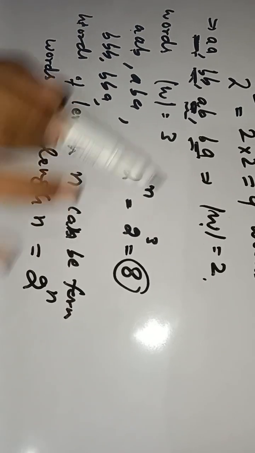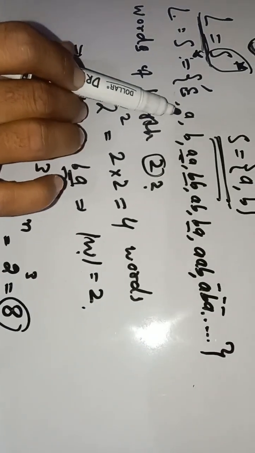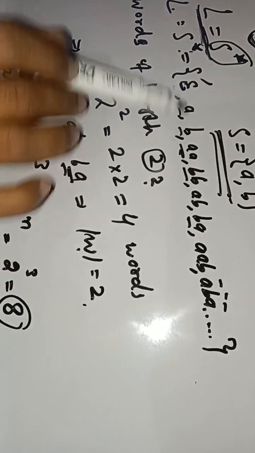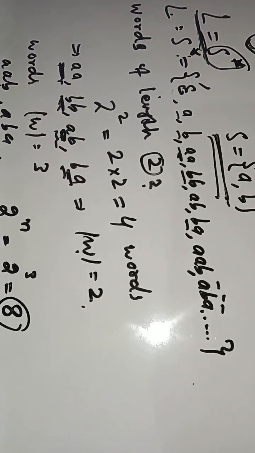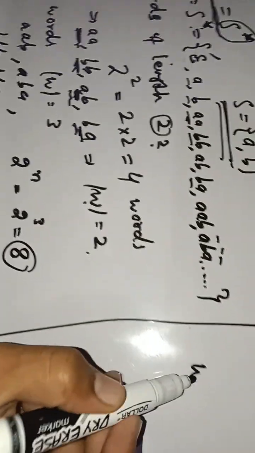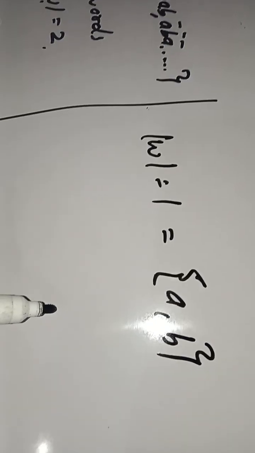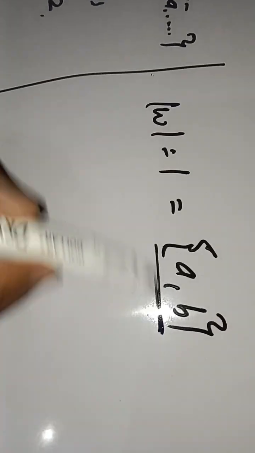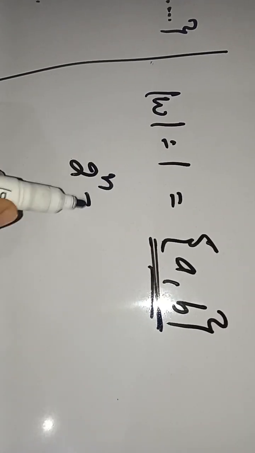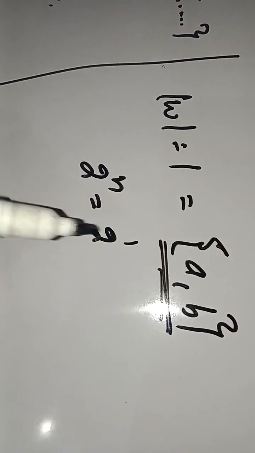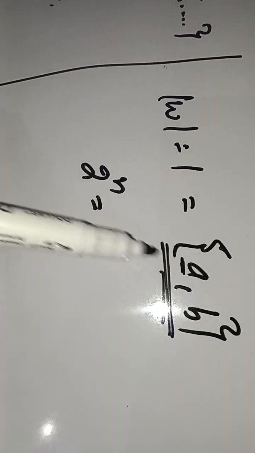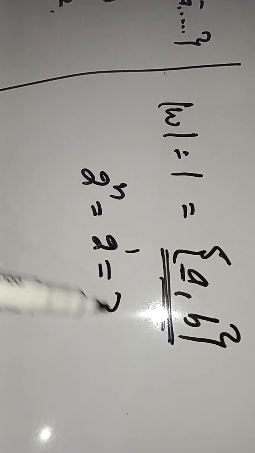From this scenario we have seen, from this Kleene star language, the words with length 1 are A and B only. We can prove this by the formula 2 power n, where n is 1, because the length of the string is 1, so 2 power 1 is equal to 2.